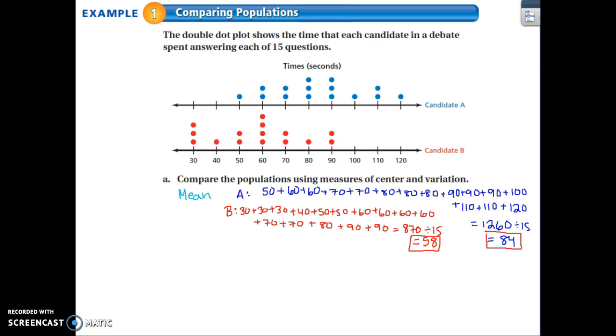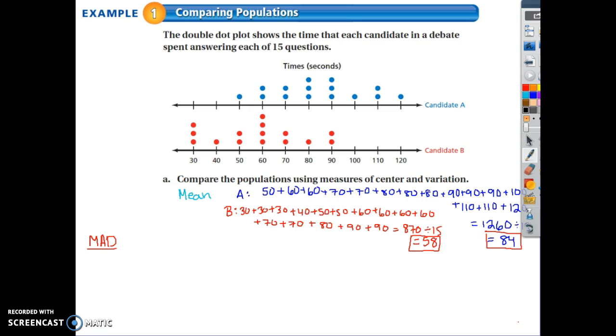Now that we have compared the mean of each candidate, we will compare the MAD for each candidate. The process of finding the MAD, or the mean absolute deviation, for each candidate is going to be somewhat lengthy. I'm going to go through the process one time completely for only one candidate, and then for candidate B, I will simply tell you what the MAD should be.